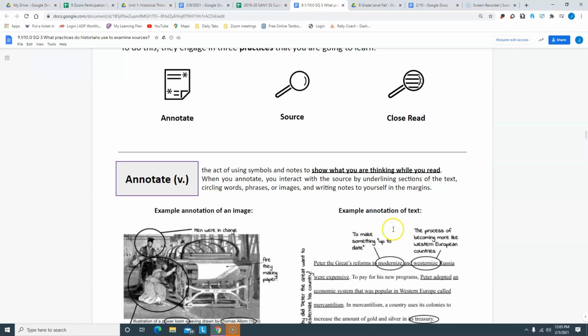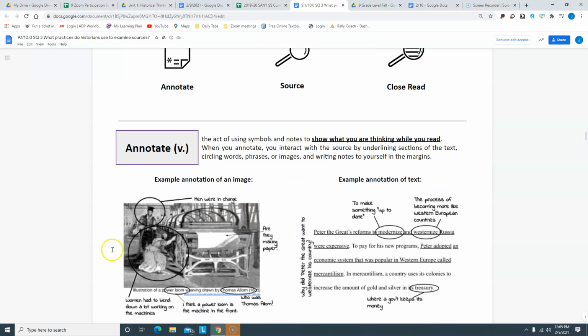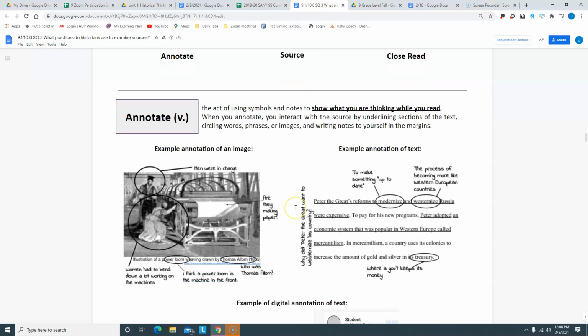So essentially what you're doing when you take a look at a historical picture such as this on the left here, you are observing what's going on in the picture. And it may seem a little silly because you may feel like, well, I'm just stating the obvious.